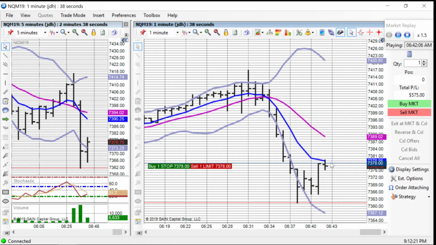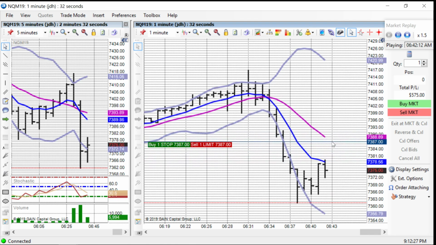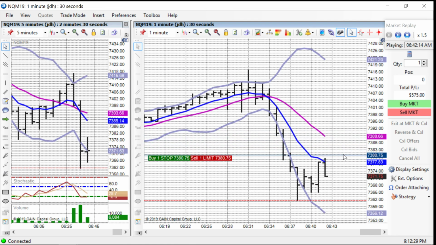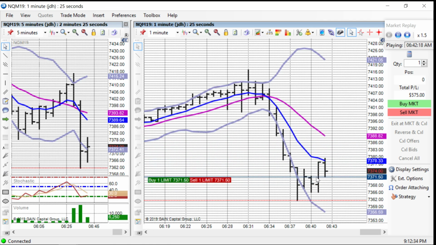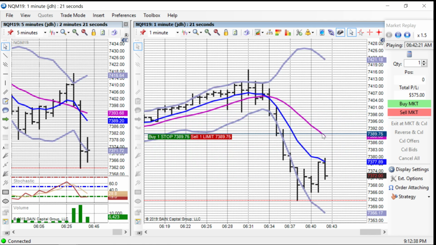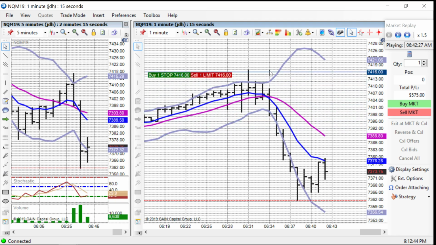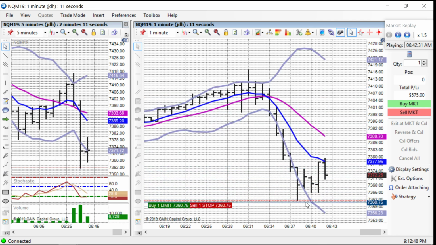For it to be a reversal or a trend change, I want to see this ADMA line come up and almost cross over that 14 SMA line. The 14 simple moving average line, of course, is that magenta line, and that's the actual center line on which the Bollinger Bands are based or calculated.